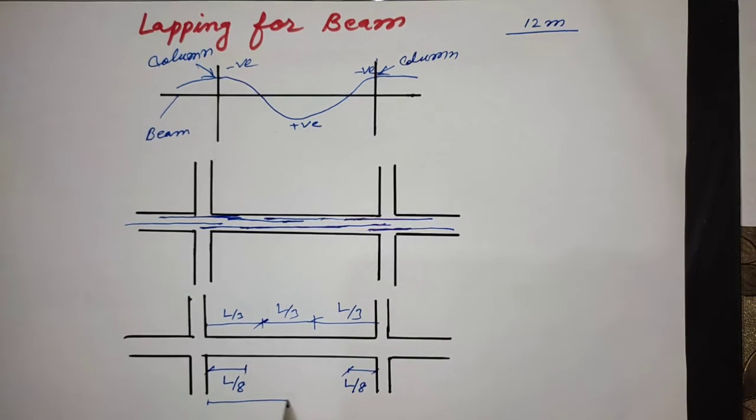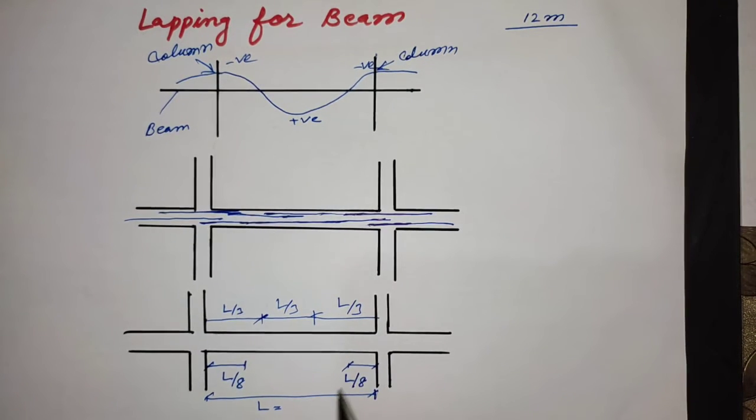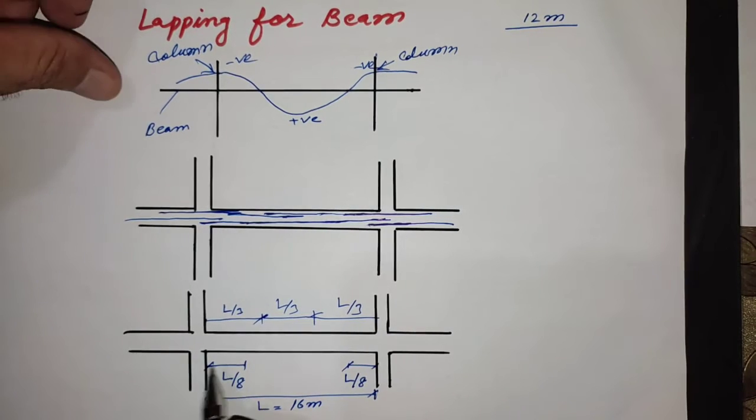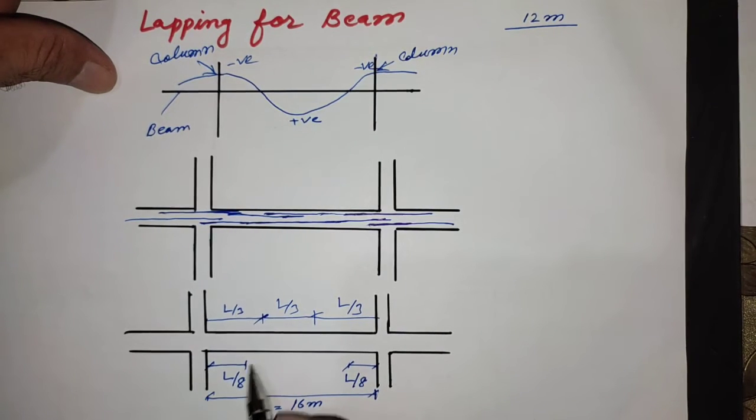Suppose we have L, length of the beam, 16 meter. So 16 divided by 8, 2 meter.